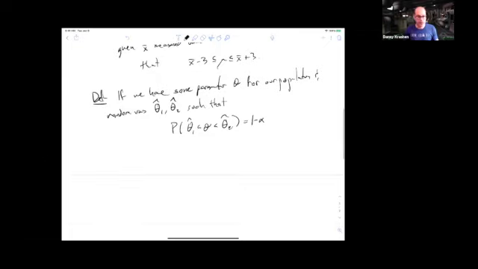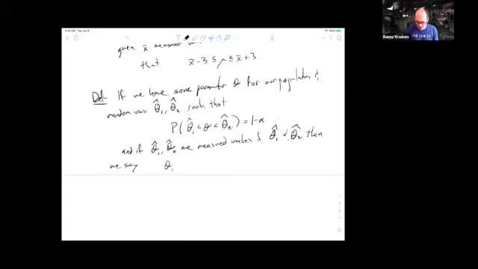So if we have this for some value alpha, and if little theta 1 bar and little theta 2 bar are measured values of capital theta 1 bar and capital theta 2 bar, then we say little theta 1 bar less than or equal to theta less than or equal to little theta 2 bar is a 1 minus alpha confidence interval for theta.